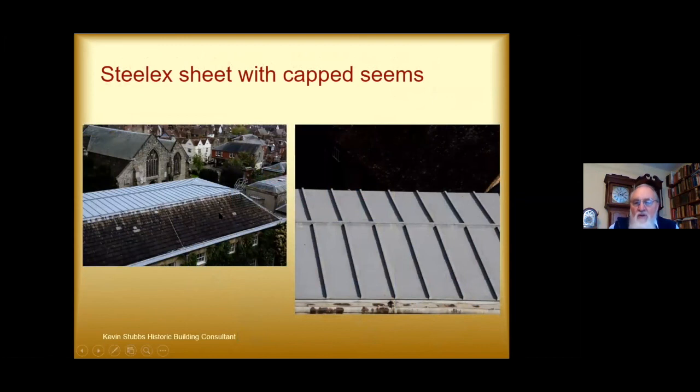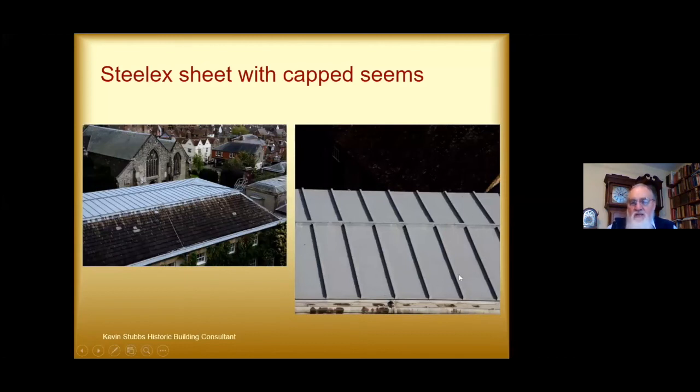Well, what about other alternatives to lead? Again, from the 1980s and 90s onwards, we've had super soft stainless steel being used. Its detailing isn't quite the same as lead. You're getting a much more boxy type of roll at the sheet divisions.